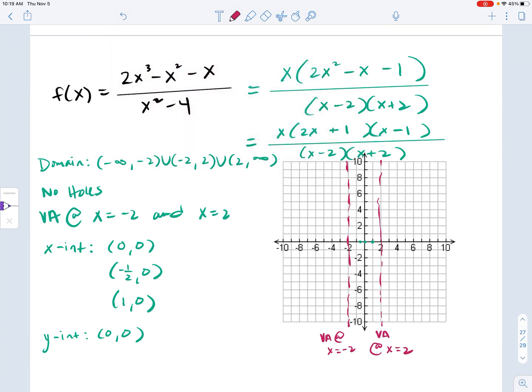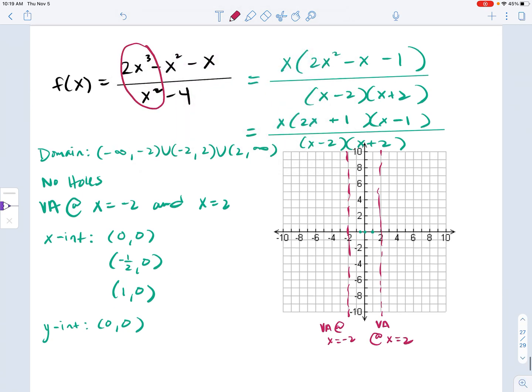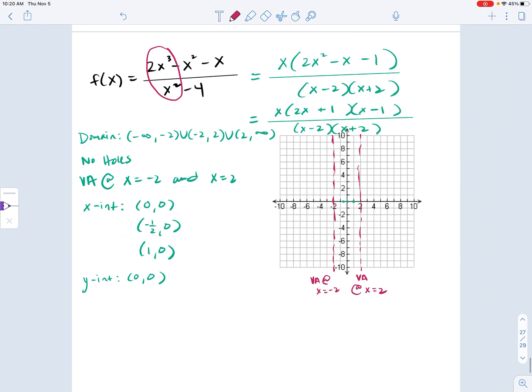So let's look at end behavior by identifying the end behavior model, which is the ratio of the term in the numerator and the term in the denominator that have the largest exponent. So that ratio would be 2x cubed over x squared, which simplifies to be 2x.